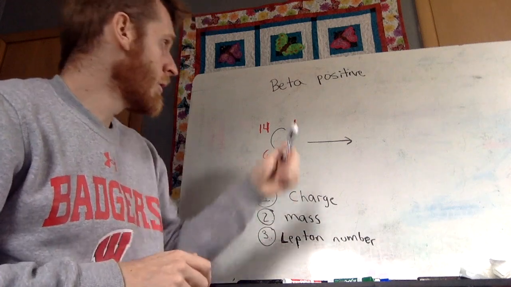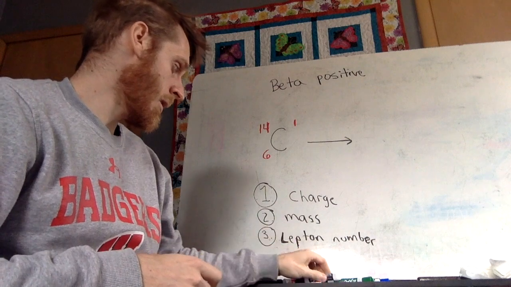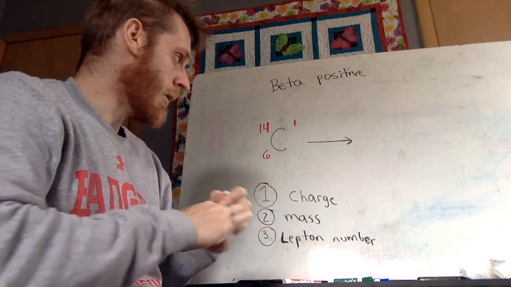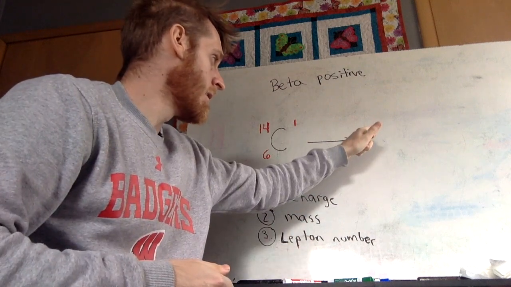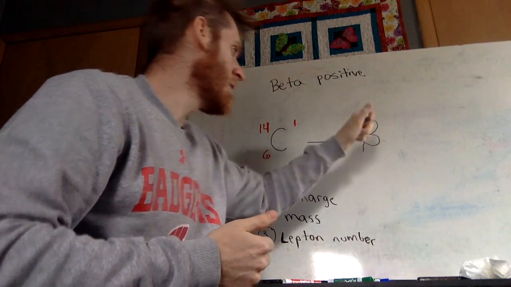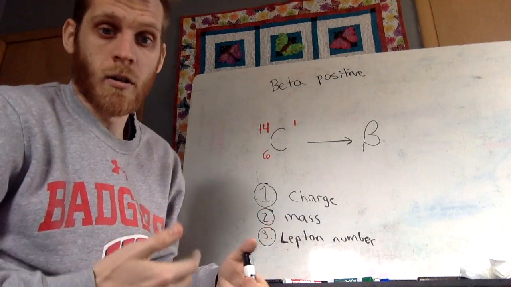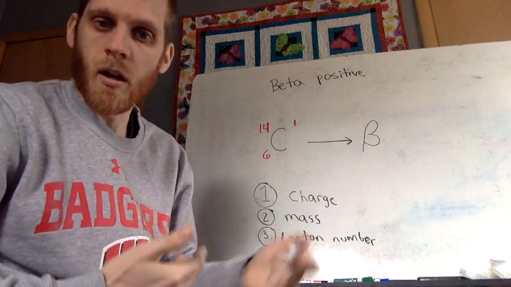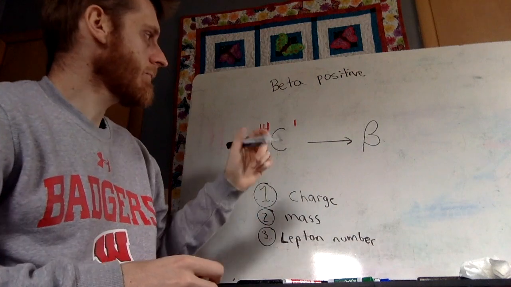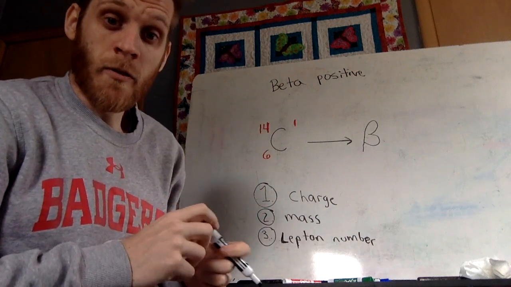So first thing we want to do is figure out what is a beta positive particle. Well, it's basically a positron. Now the symbol for a positron is an E with a plus next to it, but you can also write B for beta. Sometimes you'll see that for a beta particle, because E plus, beta, same thing. Now, with this beta particle, we already know information about it.